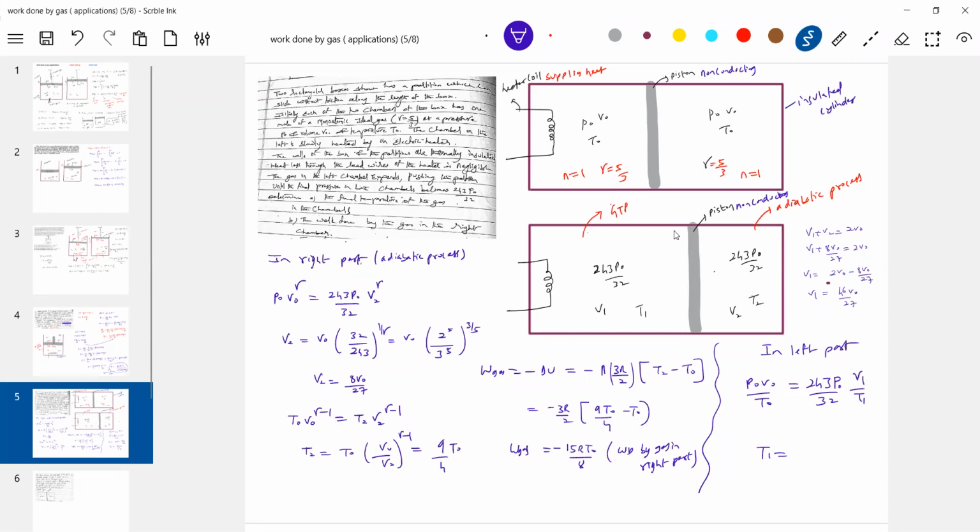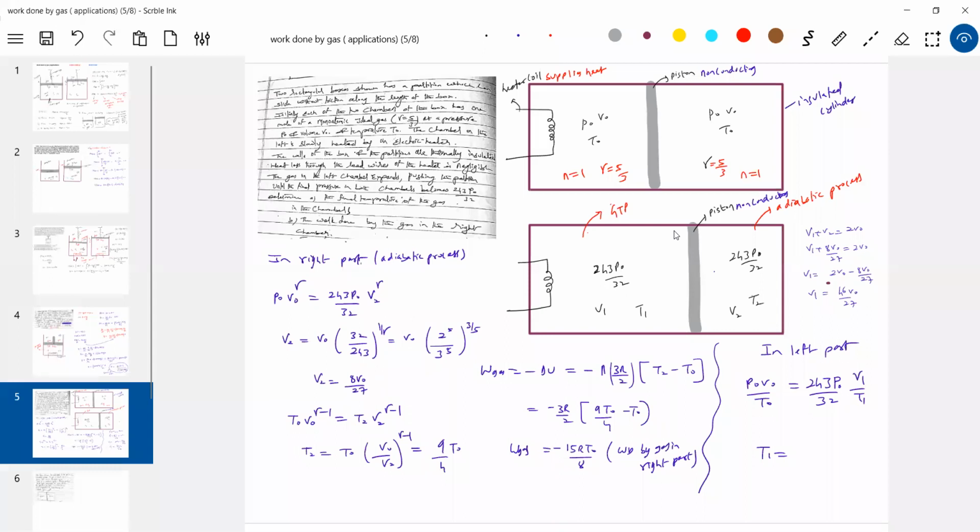What will happen is a part of it is converted into increase in internal energy of the gas in the left part, work done by the gas in the right part, and work done by the gas in the left part. Work done by the gas in the left part has to be determined. Here the gas does positive work, this will do negative work. Slowly it will move. So what we supply, a part will be converted into rising internal energy, and the remaining is work done. Okay, this T1 you calculate, I'll just leave it.